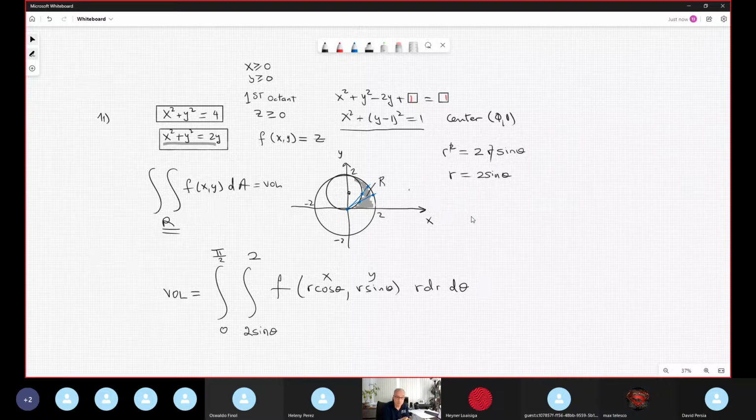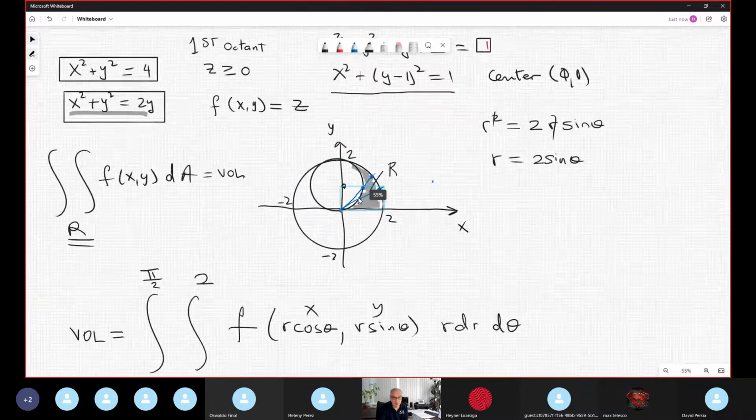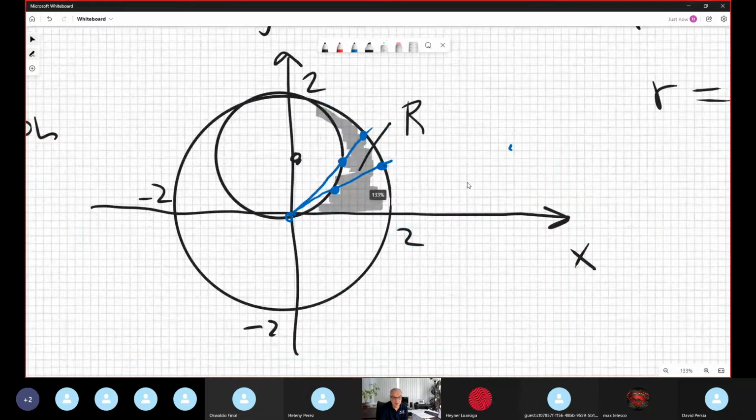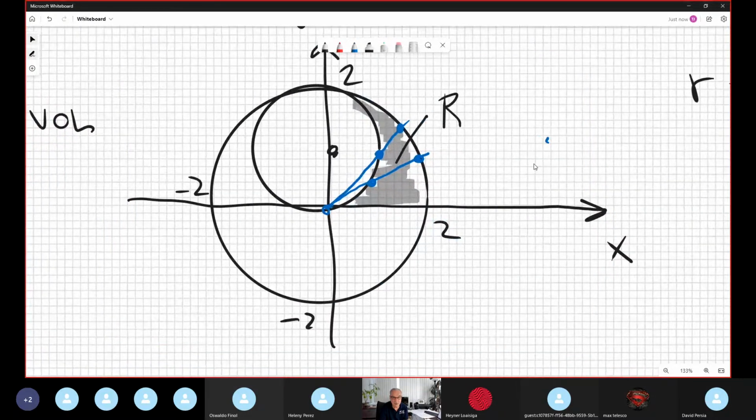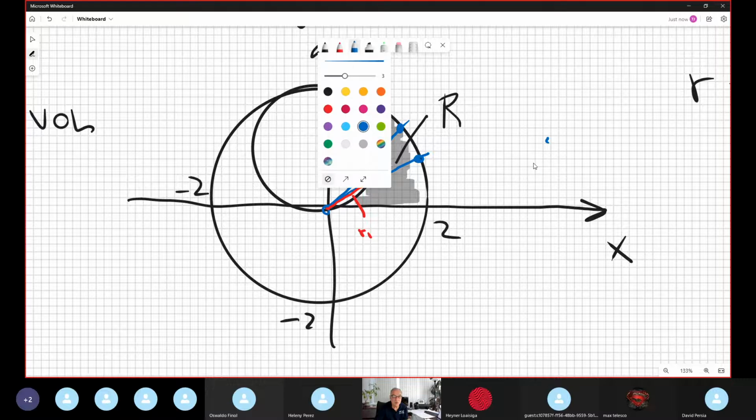Professor, can you go over the lower bound for the dr part of the integral one more time? Okay. Do you see the area? You go from this radius, let me call it R1, to this radius.